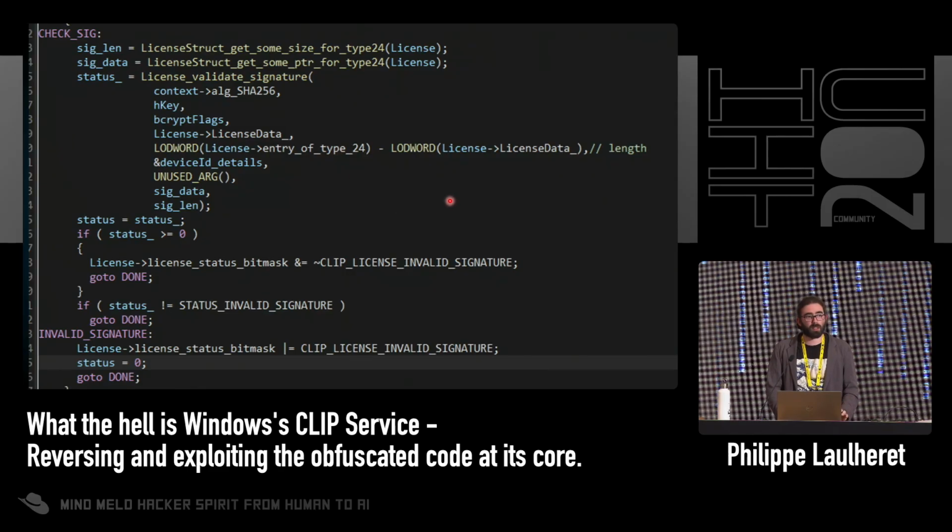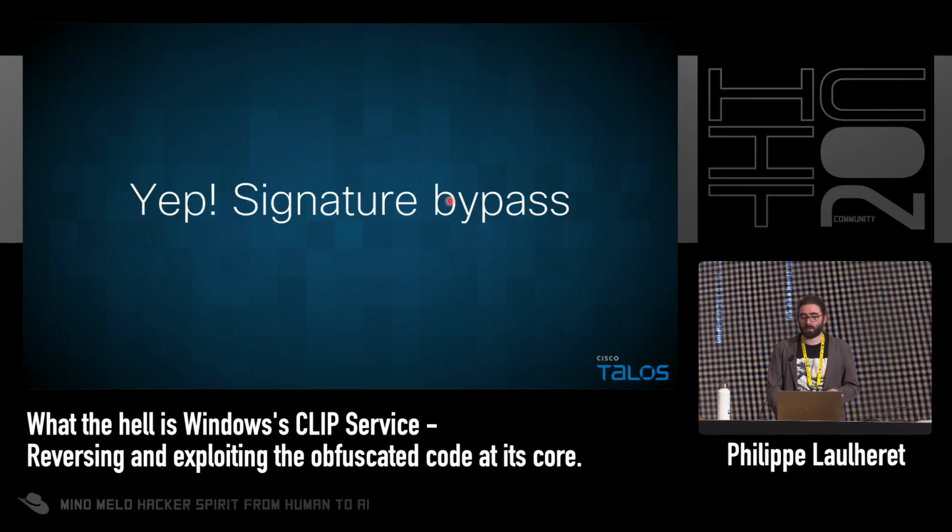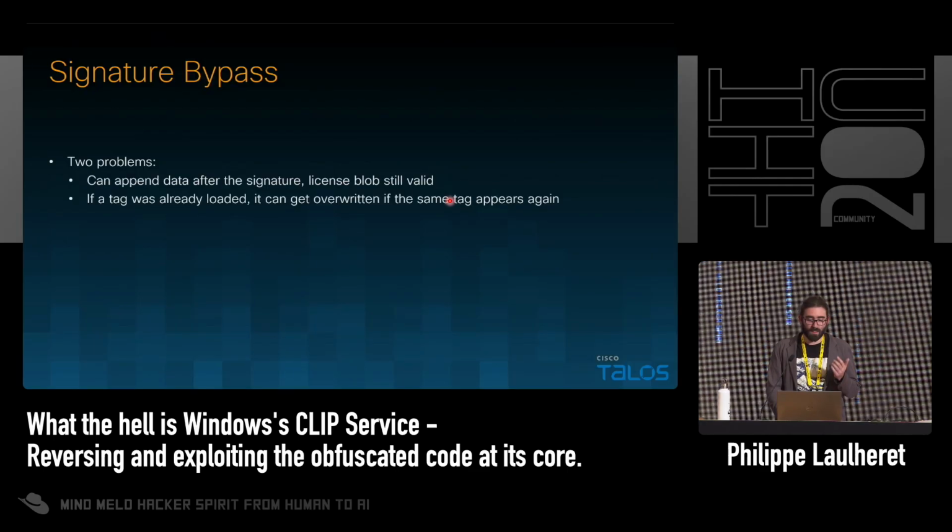But I don't know if you're paying attention, but something interesting is here: we have a signature bypass, because the processing keeps going, and so we have two problems. We can append more data after the end of the signature, and it will never be checked for authenticity.